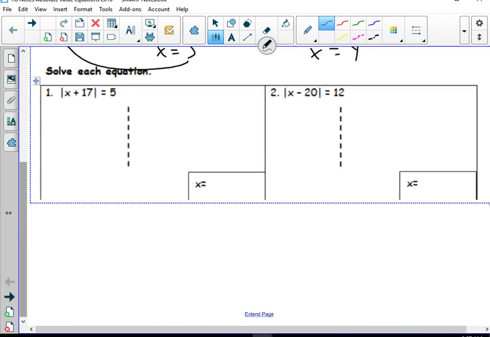My absolute value is equal to 5. So I write what's in the absolute value equal to 5, and I write the same thing equal to negative 5. So how do I get x by itself? Minus 17.